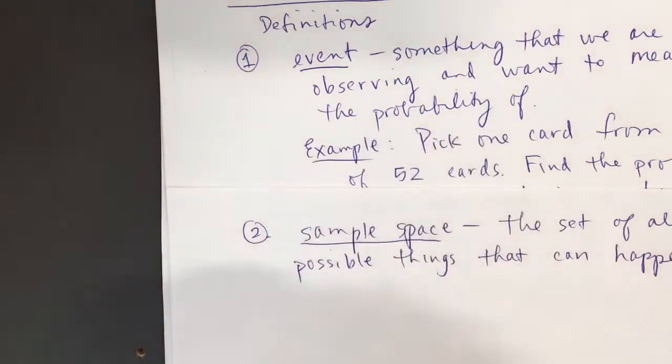So they can phrase the question all kinds of ways with a deck of cards, but if I'm looking at picking up one card, what's the probability that I pick the 10 of hearts? Well, as I look at the sample space, there's 52 different cards I could pick from. So the sample space would be the set of all the cards.